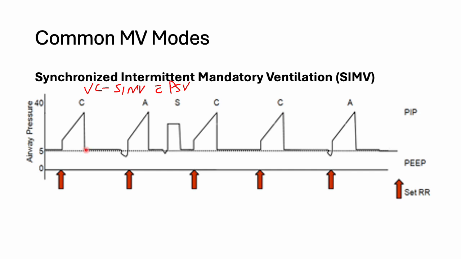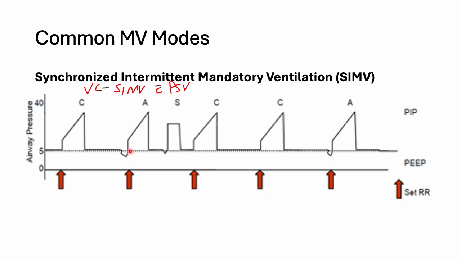Then the patient wakes up a little bit and can initiate the breath. The patient sucks in a little bit, creating this little dip. This little dip triggers the machine, and the machine says it's also time to deliver the scheduled breath.